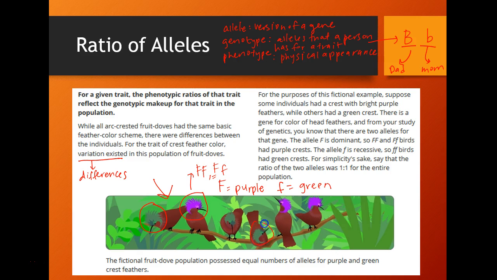Whereas the green ones here would always be little f, little f. And we're going to say that the ratio of all these alleles in this population was 1 to 1. And what that means is that there is an equal amount of big F, dominant F, and little f, or the allele for purple and the allele for green.